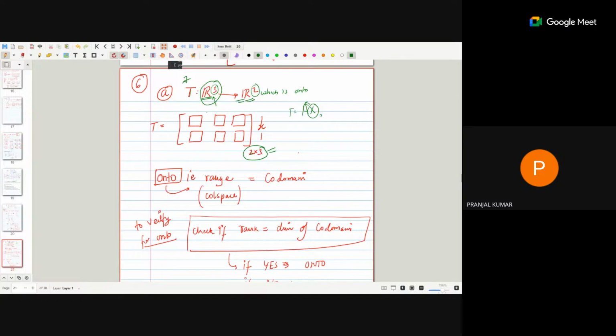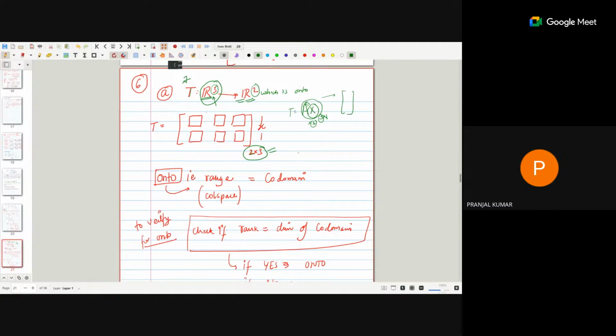Now x is 3 cross 1 because it belongs to R3. So what should be the order of A? First of all, it should have a 3 here, only then it will be multiplied with x. Yes or no? Yes, sir. Now, what should be the vector dimension?